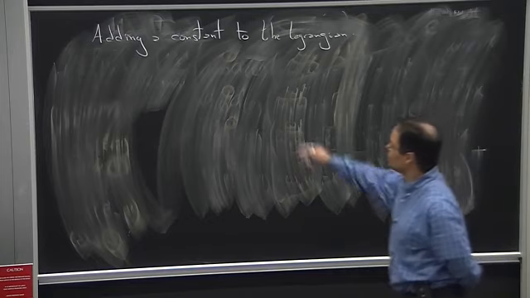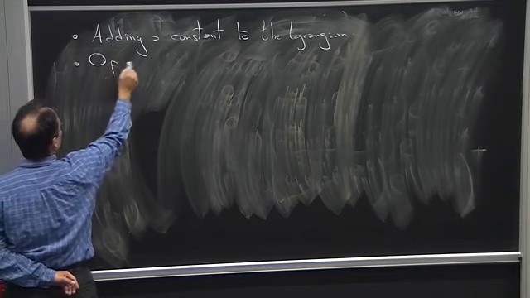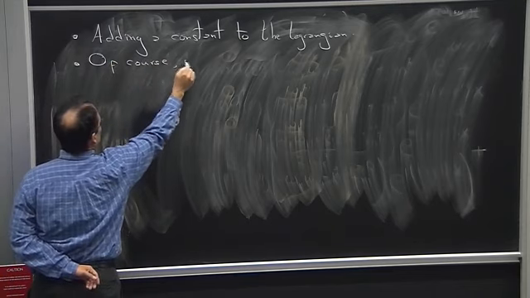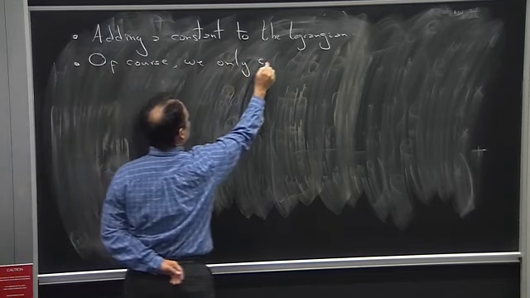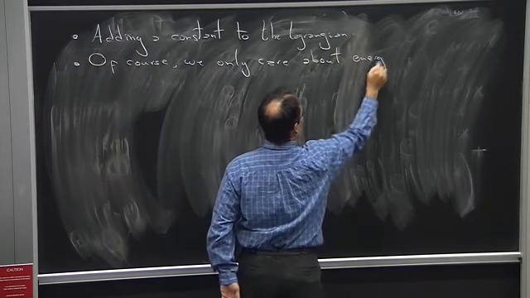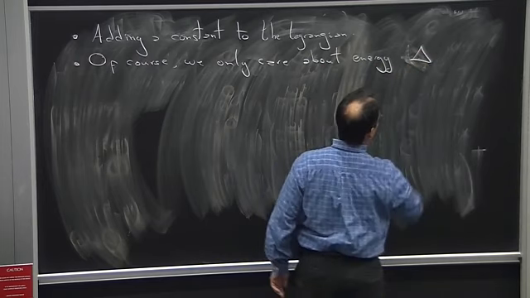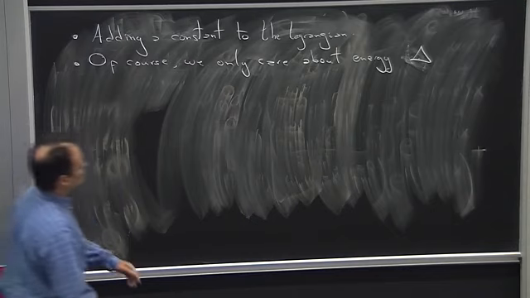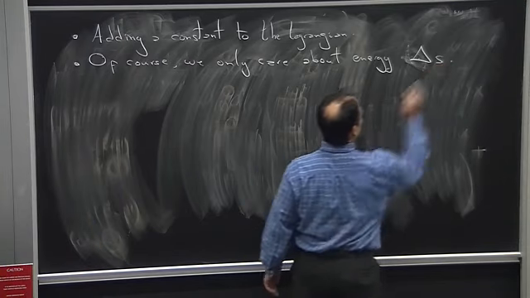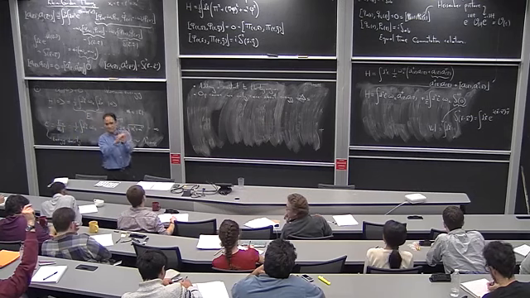Okay, so we can add a constant, or we can say, of course, we only care about energy differences, and therefore we can just declare this number, whatever it is, as our reference point and then measure from there.